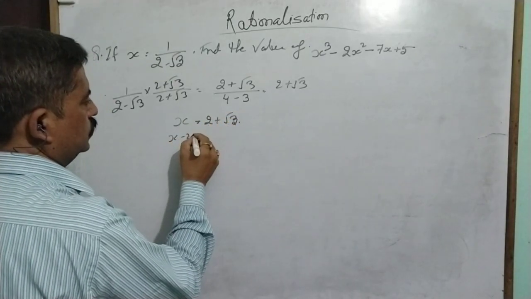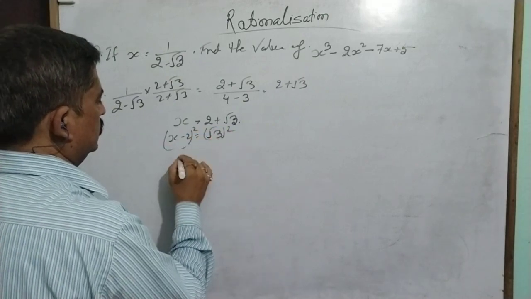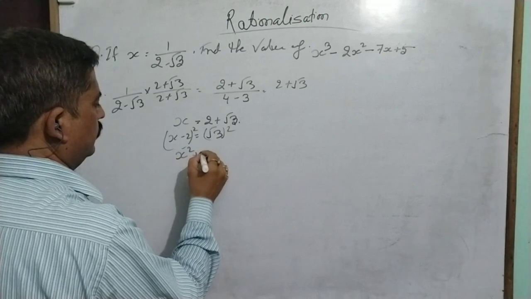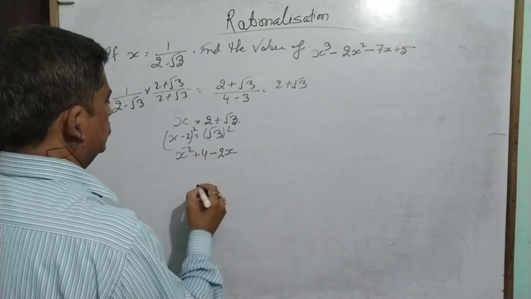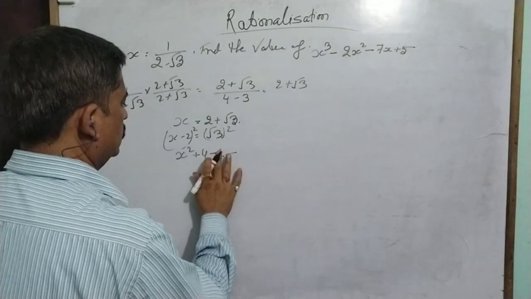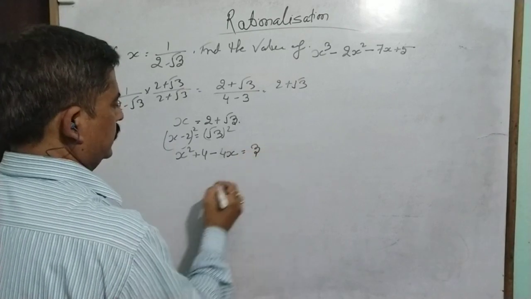So x equals 2 plus √3. If x minus 2 equals √3, squaring both sides, x square plus 4 minus 4x is equal to 3.